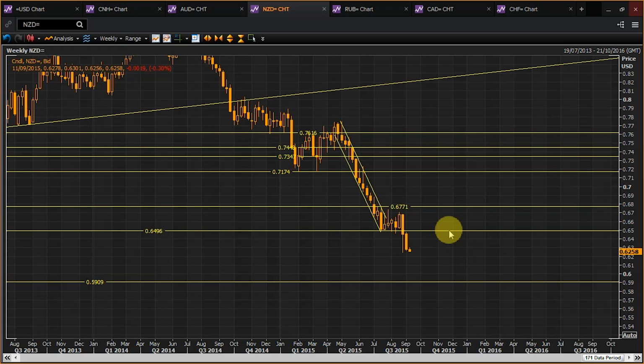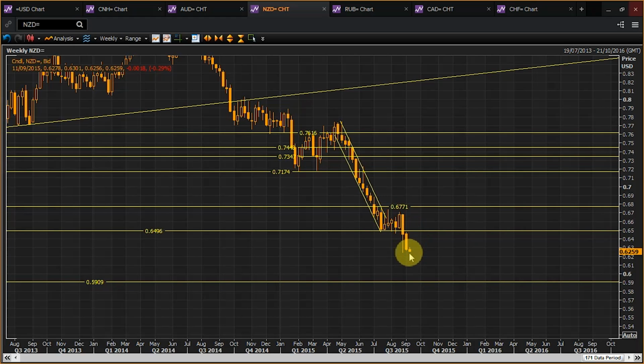Notably, if we don't get the rate cut, and particularly if we do get a bit of a rally in the Kiwi dollar, do bear in mind we've had 1, 2, 3, 4, 5, 6 weeks that built structure in here. So there's actually particularly good structure lows in here that could provide some good resistance.